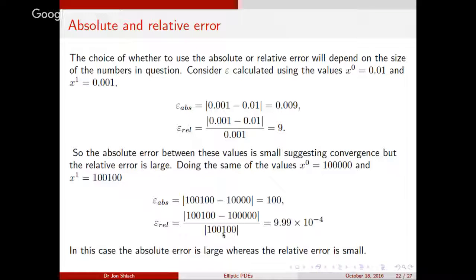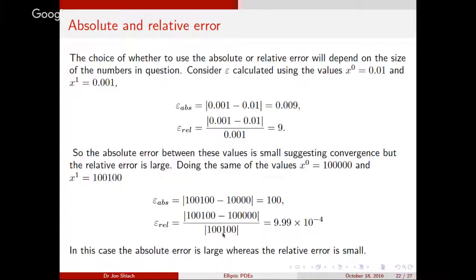What if I was to do something similar with large numbers? Doing the same for quite large values of x, one we've got 100,000, and the other we've got 100,100. The absolute error is 100, which you think is quite large. Relative error is tiny.